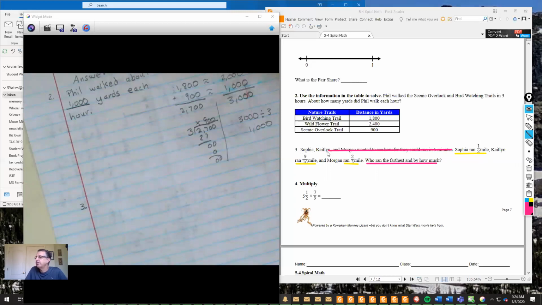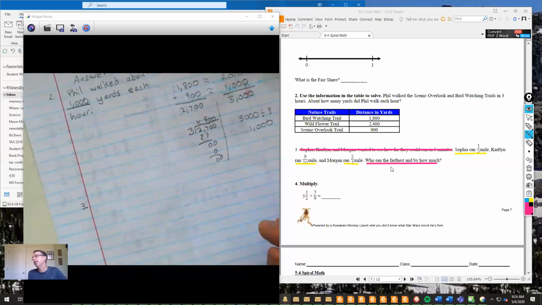We're not going to add them up. We're not really going to be doing anything with these numbers except comparing them. We want to see who ran the farthest. So we want to see which is the biggest fraction and then say by how much. So that means we want to find the biggest fraction, and then compare it to the second biggest fraction.